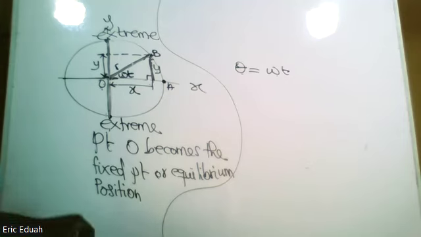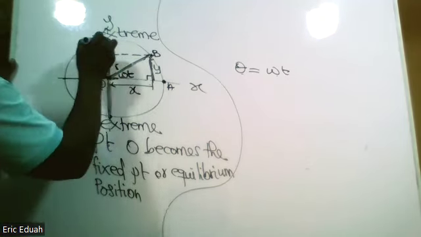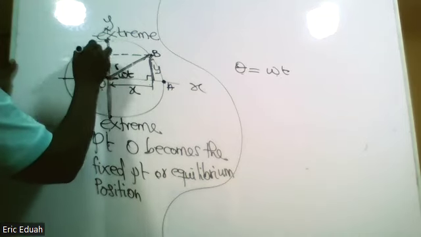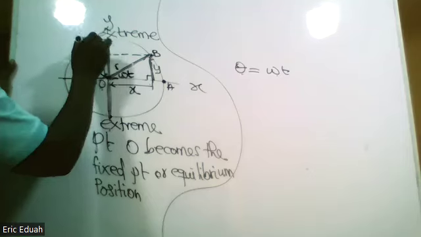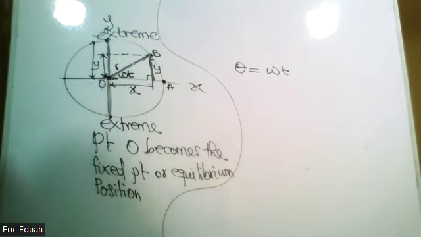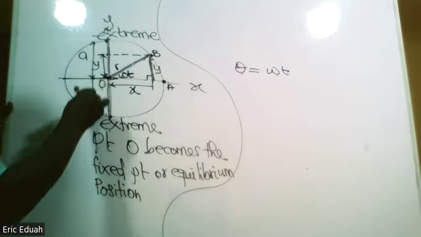Okay. This distance we will call the amplitude, because this is the maximum displacement of the body. So this is the amplitude. This is another amplitude.